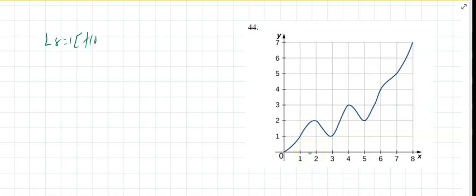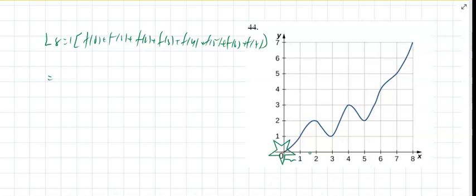We're going to do the same thing: f of 0, f of 1, f of 2, f of 3, f of 4, f of 5, f of 6, and f of 7. The left endpoint on the first is 0. And when we go on 1, we use the left endpoint.